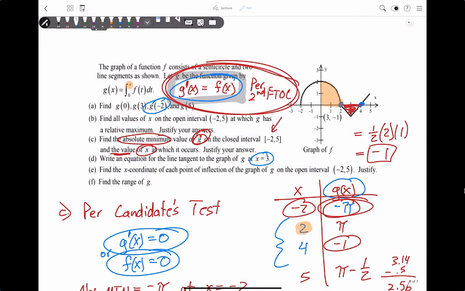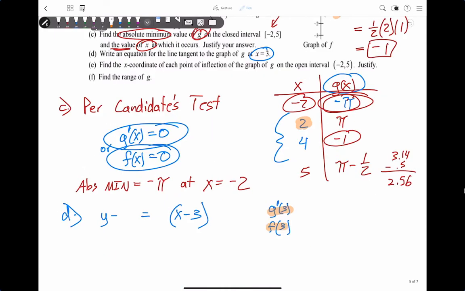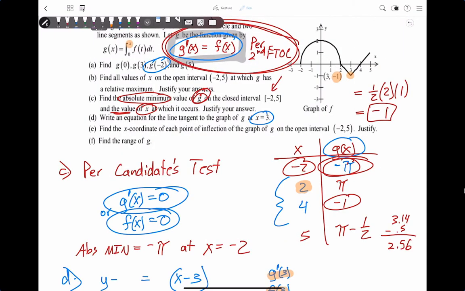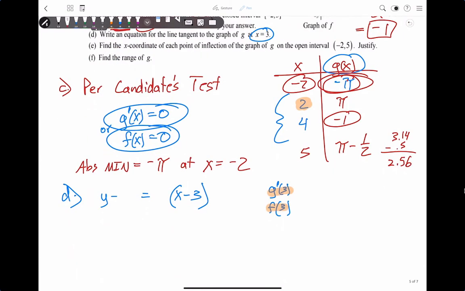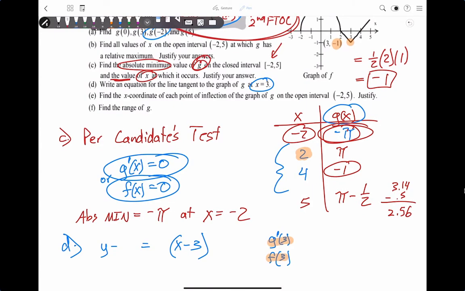And we know from the graph of f up here that at 3, my y value is a negative 1. So remember, g prime is equal to f of x. Therefore, that y value at f of 3 is the same as g prime of 3. So that y value is a negative 1.